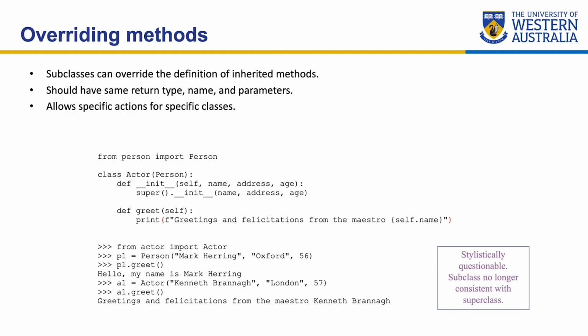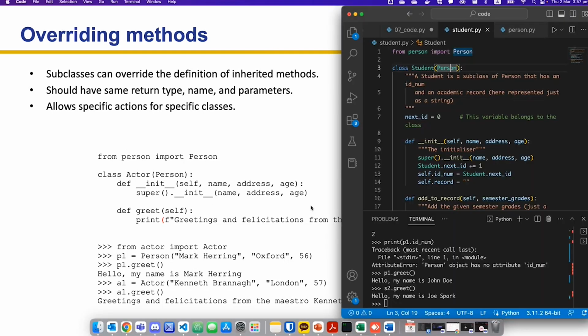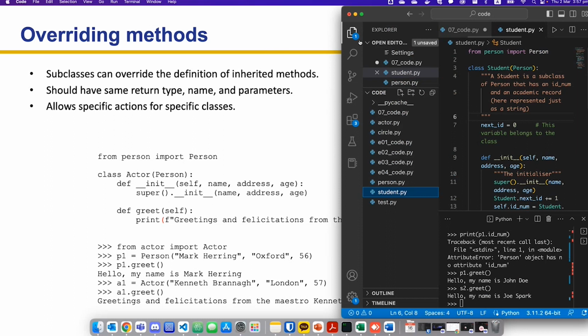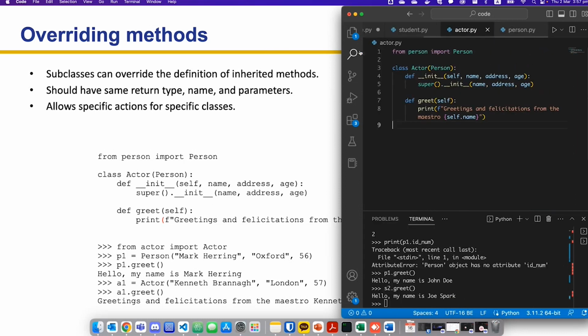So what if I want to override the inherited method? Obviously, that's possible. You just have to redefine it inside your subclass. So we're going to open the actor. Okay, so actor is just a subclass of person.